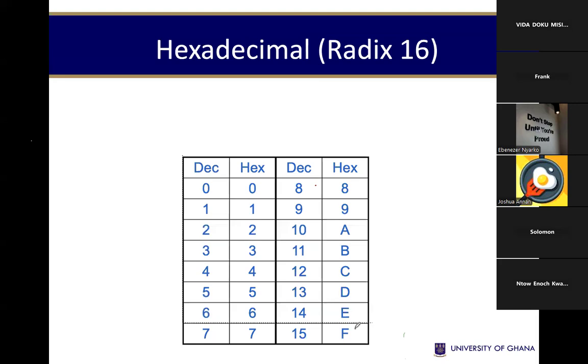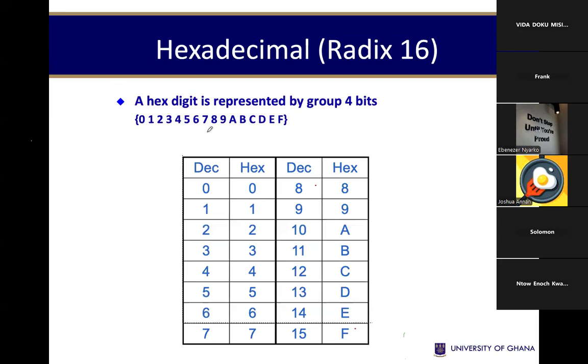Each digit is represented by a group of 4 bits, the same way we looked at octal. When you get to 9, we cannot go to 10 because we are not in decimal but in hexadecimal. So from 10, we hit A, B, C, all the way to F.